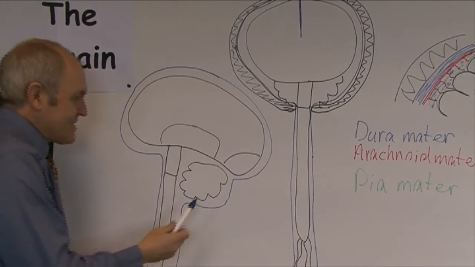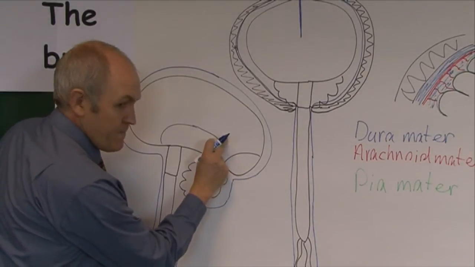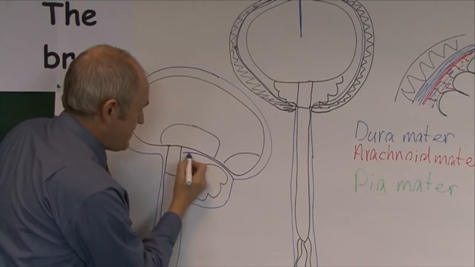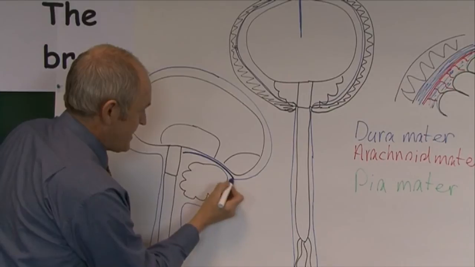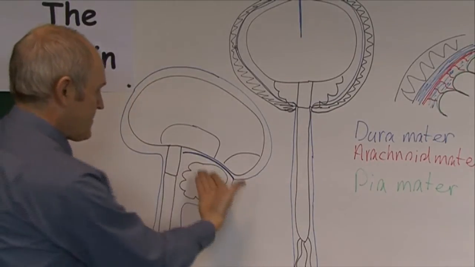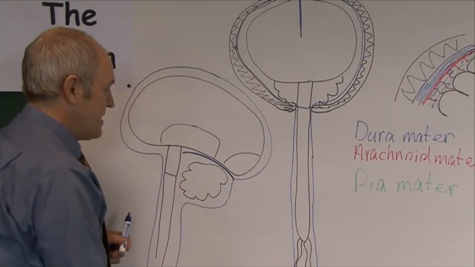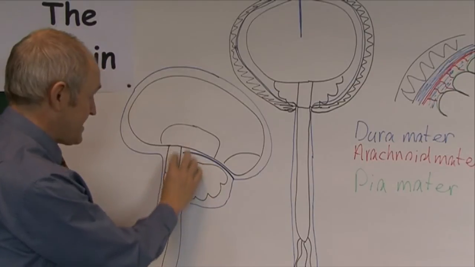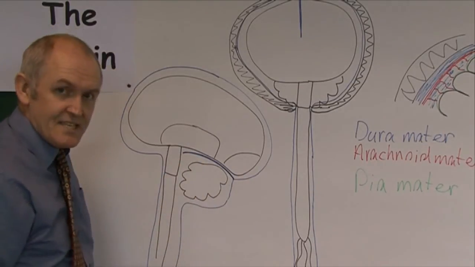And as well as that, there's an infold of the Dura Mater between the cerebrum and the cerebellum. This folds in. So we have a layer of tough fibrous tissue, the Dura Mater, supporting, like taking the weight of the cerebrum above and protecting the cerebellum below, and indeed protecting the brainstem below. And this infold of dura is called the tentorium.